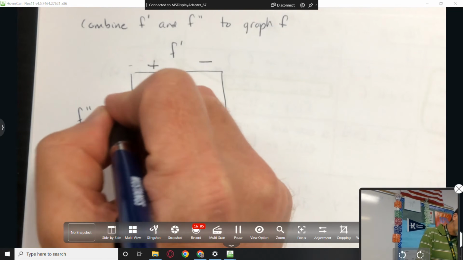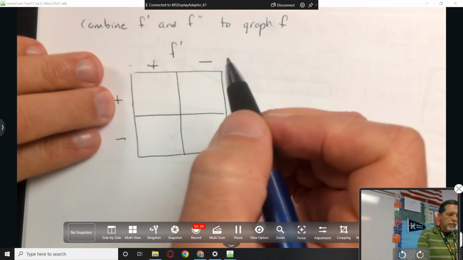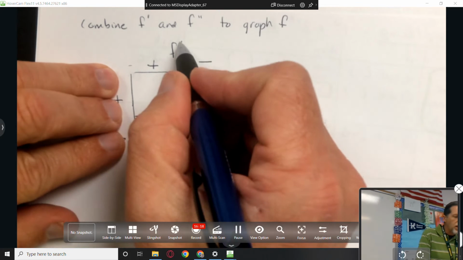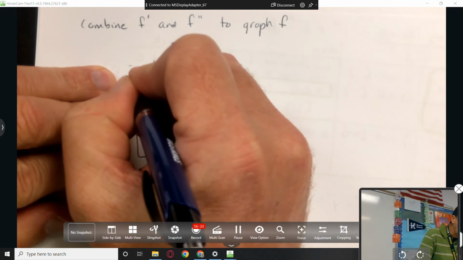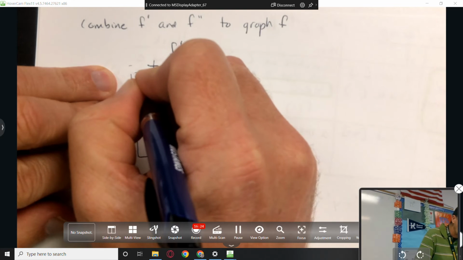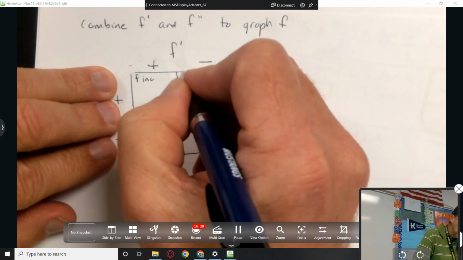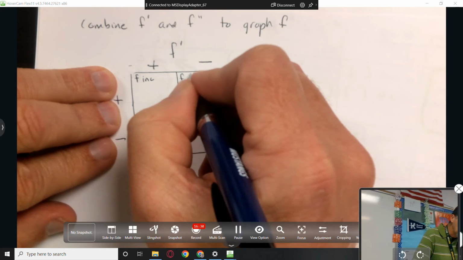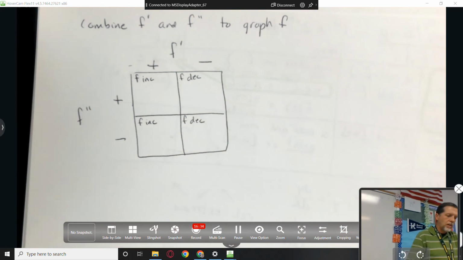F double prime might be positive or negative. So if f prime, let's ignore the double prime stuff. If f prime is positive, what does that tell us about f? F is increasing. If f prime is negative, that tells us that f is decreasing.